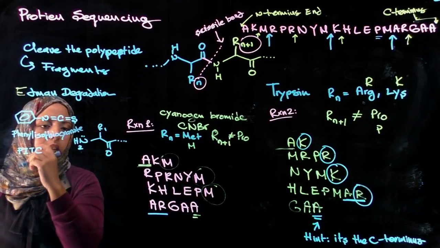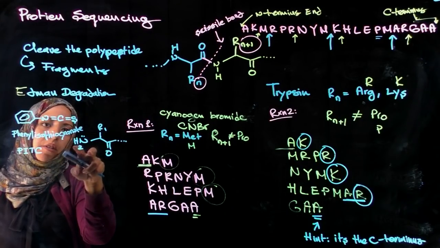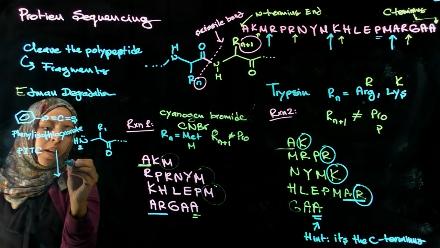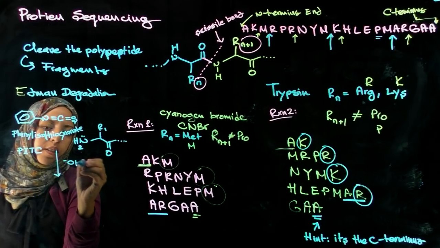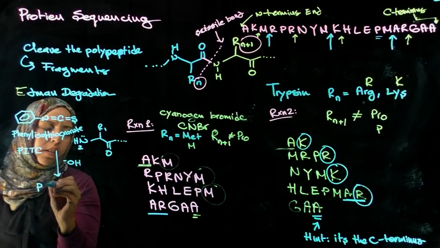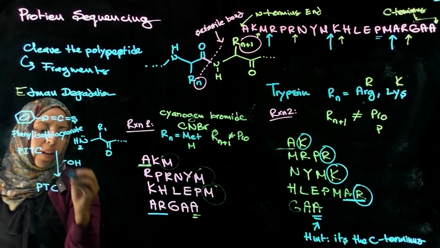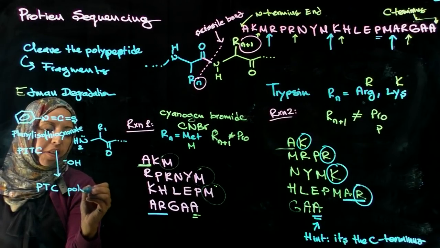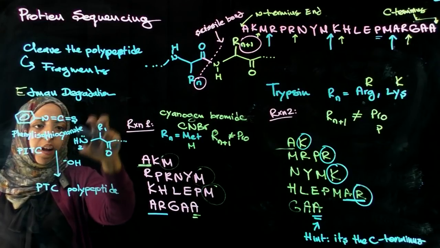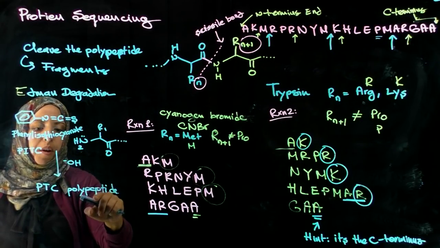All right, that's the reagent that is used, and it reacts with the N-terminal of the peptide sequence. And what happens is, under acidic conditions, it forms a PTC polypeptide adduct, right? So it basically interacts with the amino groups and is connected to the polypeptide.